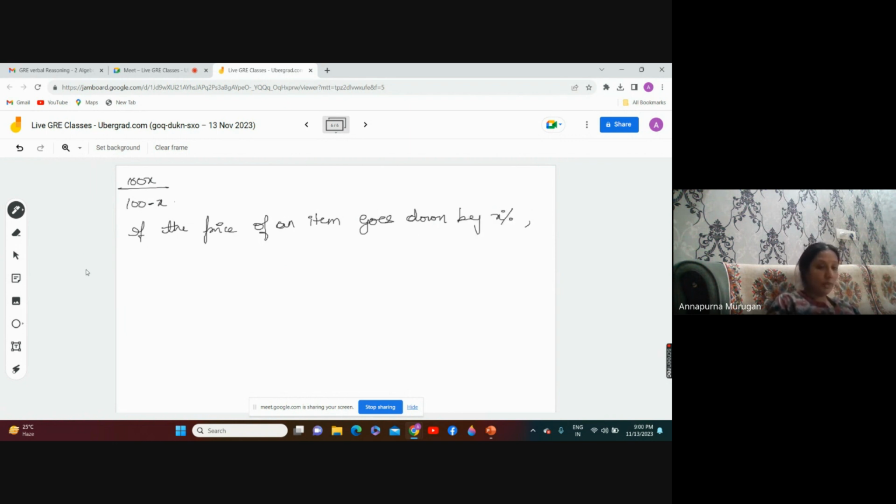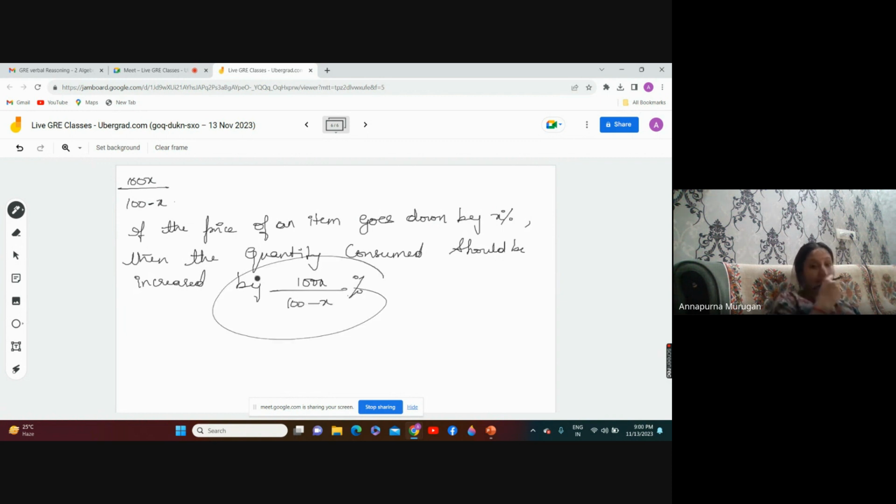Then the quantity consumed should be increased by 100 times x by 100 minus x%. So these are the formulas, used in different situations.